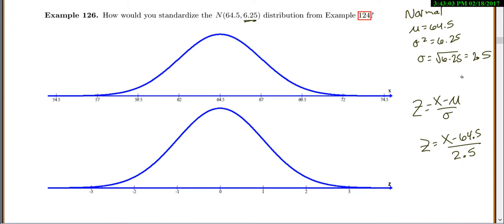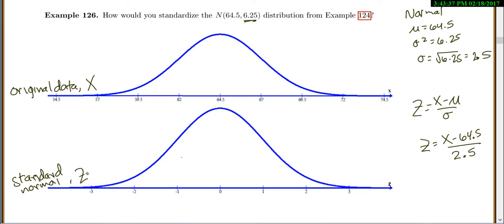You'll notice a few things here. I drew a picture. This first one has numbers like 62, 64.5, 67. That sounds like our original values, so this graph would be my original data, which we represent with an x. So x is always your original data. Down here we have the z's, with 0, 1, 2, 3, etc. This is our standard normal curve, or our standardized values, and we always represent that with a z.